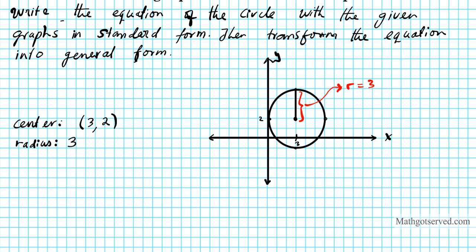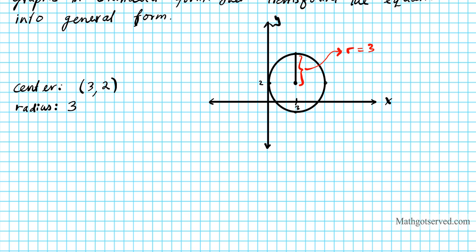But to guide our generation of the equation, we need to write down the standard formula first. The standard form of the equation of a circle is (x minus h) squared plus (y minus k) squared equals r squared. Just remember that this is h, this is k, and this right here is your r. I'm going to plug these values into this equation.